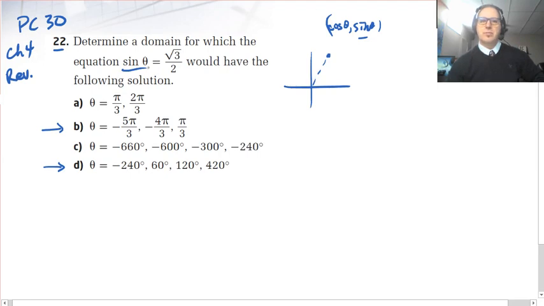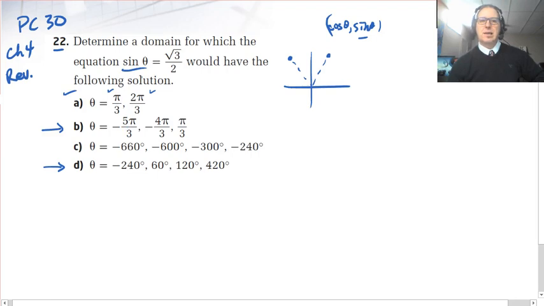So theta, pi over 3 and 2 pi over 3, that looks like the first and second quadrants for A. Okay? Now from 0 to 2 pi, we have these two solutions. So your domain here could be 0 to pi or 0 to 2 pi.